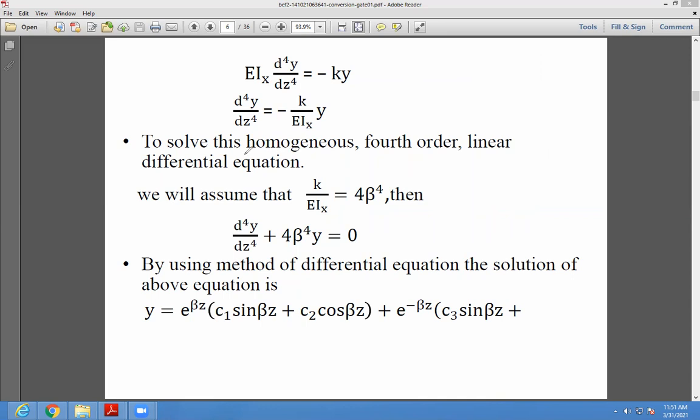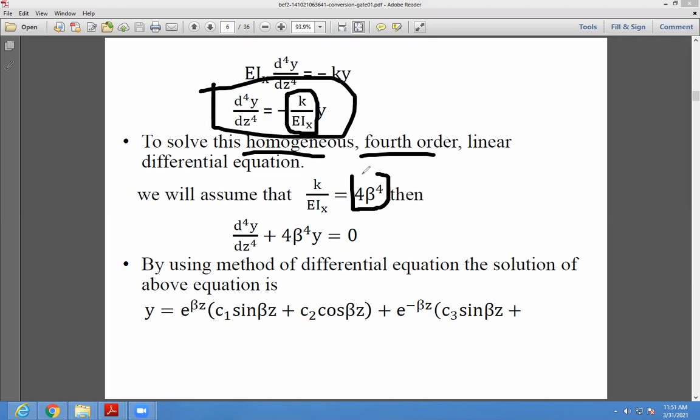To solve this homogeneous fourth order linear differential equation, we are assuming that k by EIX is equal to 4 beta raised to 4.